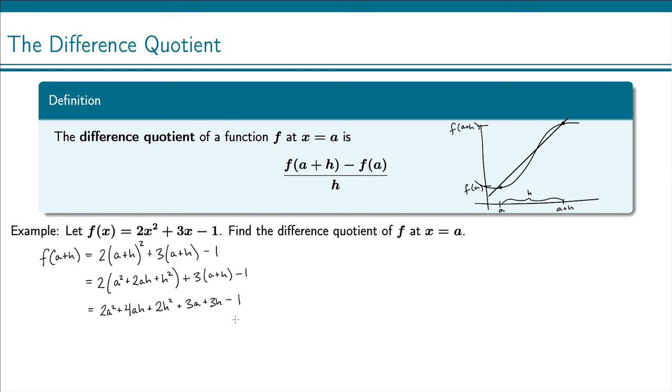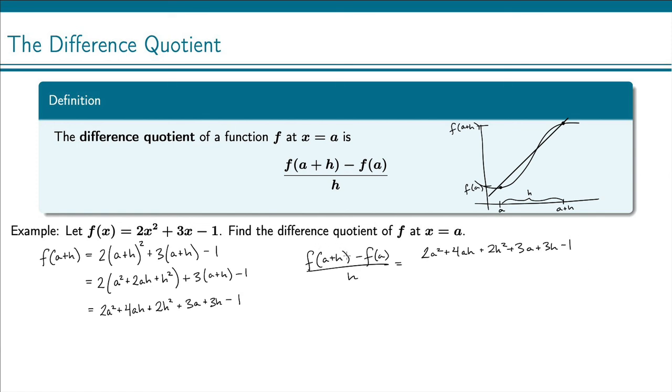Next, we need to plug that into this expression here. So f of a plus h minus f of a over h. f of a plus h is this expression that I just got: 2a squared plus 4ah plus 2h squared plus 3a plus 3h minus 1.